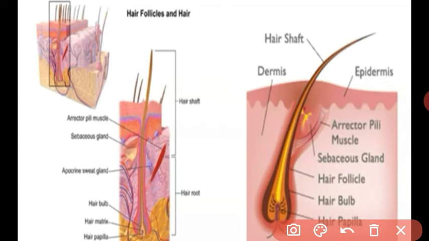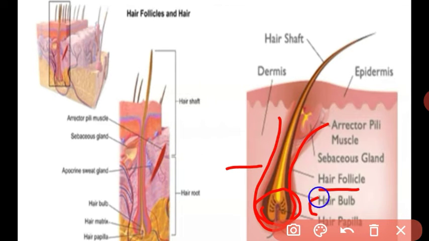Which structure is responsible for the growth of hair? Hair bulb. This part is called the hair bulb, and this part is called the hair follicle. Hair bulb and hair follicle together are responsible for the growth of hair.